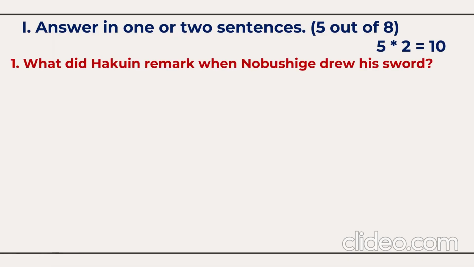Question number 1. What did Hakuin remark when Nobushige drew his sword? When Nobushige has taken out his sword, what is the remark of Hakuin? Hakuin said, "Here open the gates of hell."